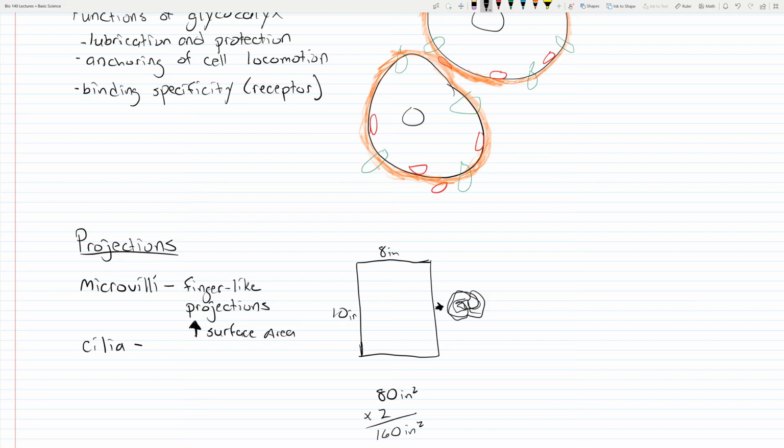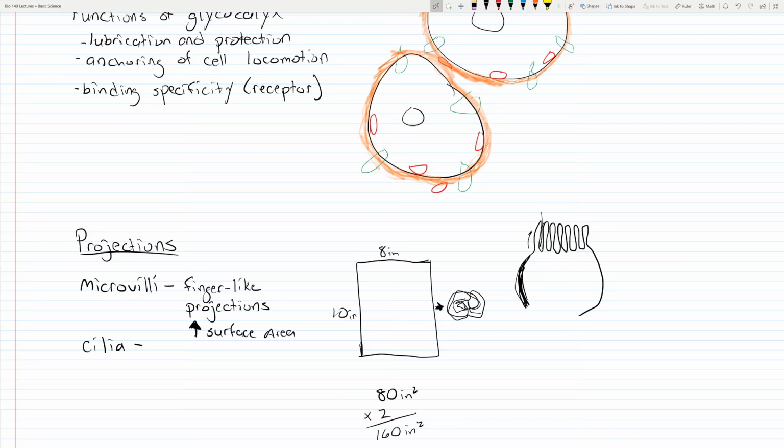So I'm going to stop drawing the plasma membrane as individual molecules, and we're just going to start drawing it as a straight line. If you have a cell over here, and you start having these little finger-like projections, I've got all of this plasma membrane going up, and all this plasma membrane going down, through each one of these.